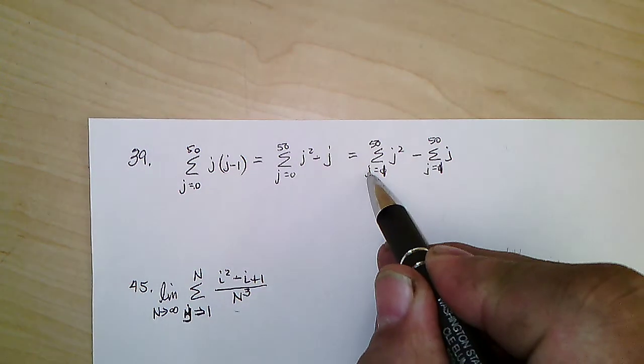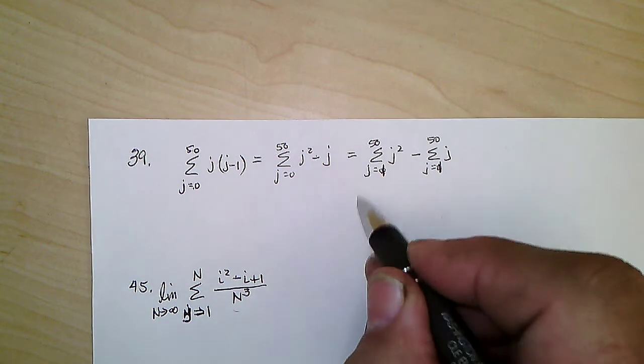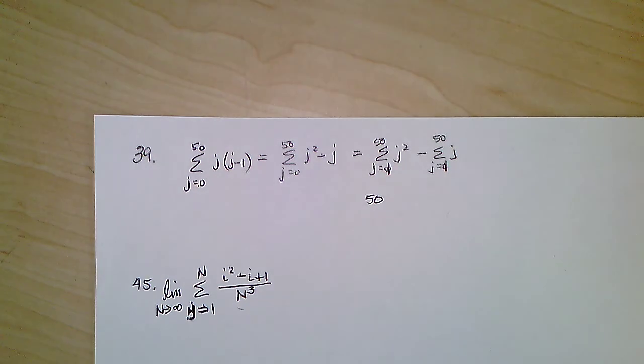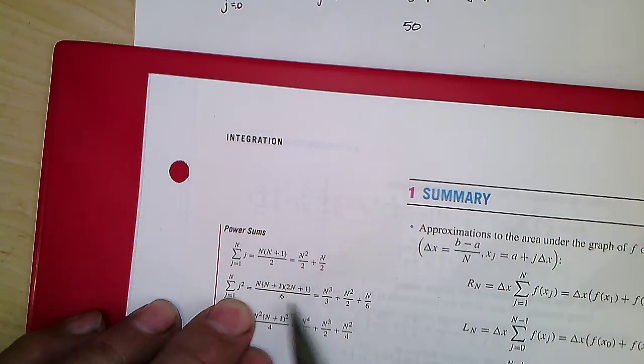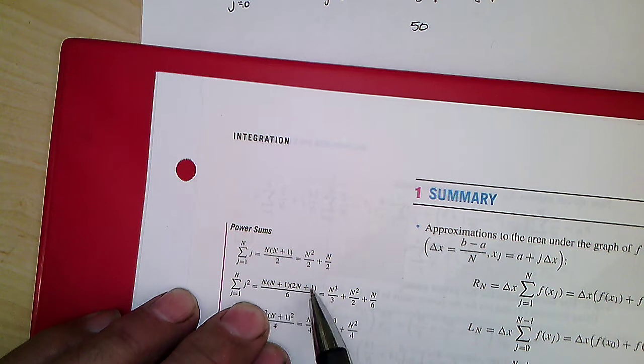It says the sum of j going from 1 to 50 of j squared would be... Let's see here. I'm going to get the formula. Make sure on the squared one. I'm a little iffy on that one. Where is it here? There it is. For the j squared, it's n times n plus 1 times 2n plus 1 over 6.